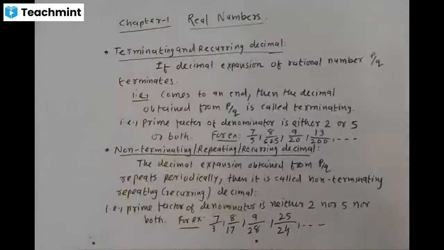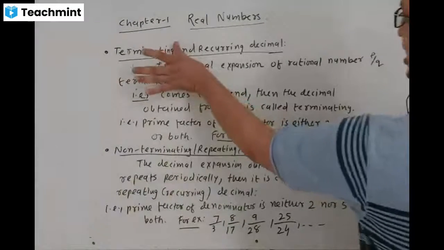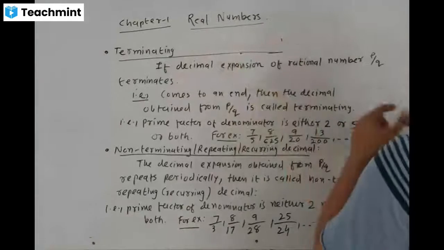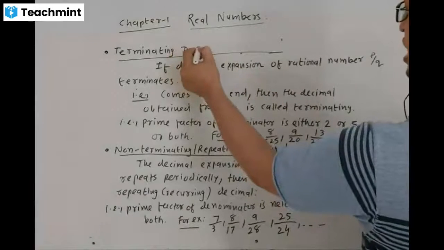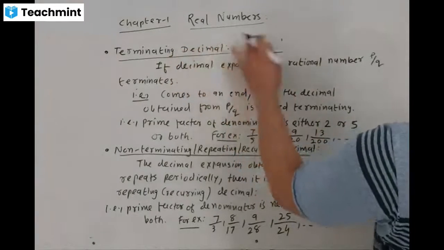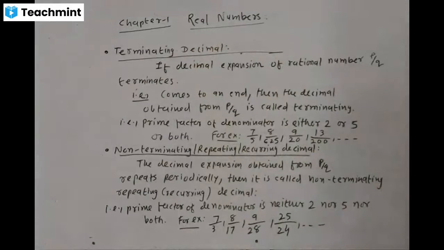Terminating decimal: only written, not recurring. Terminating decimal means the decimal expansion of a rational number p by q is terminated.